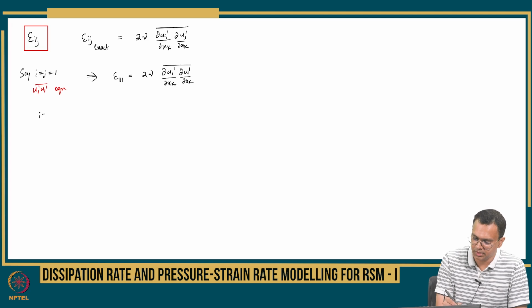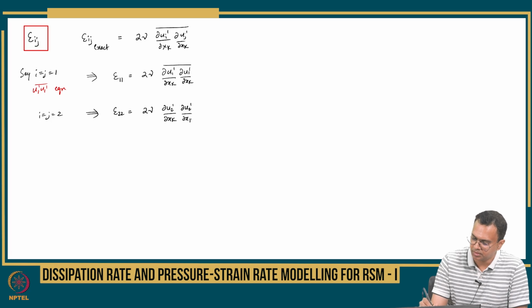Similarly, when i equal to j equal to 2, epsilon 2 is for the second normal stress equation, u2 prime average: 2 nu dou u2 prime by dou xk dou u2 prime by dou xk.